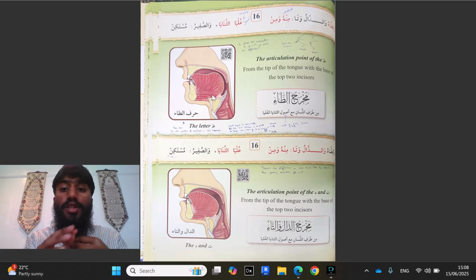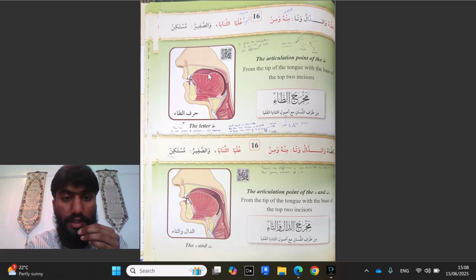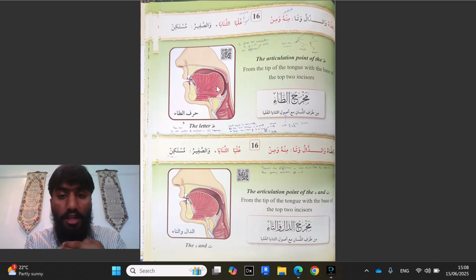Another note that adhesion doesn't mean that it's fully stuck there, and that the sound doesn't come out. Yeah, sound can come out and it comes out, but the capturing of some of the sound in this place here is called adhesion, and that actually makes the sound of ta heavier.